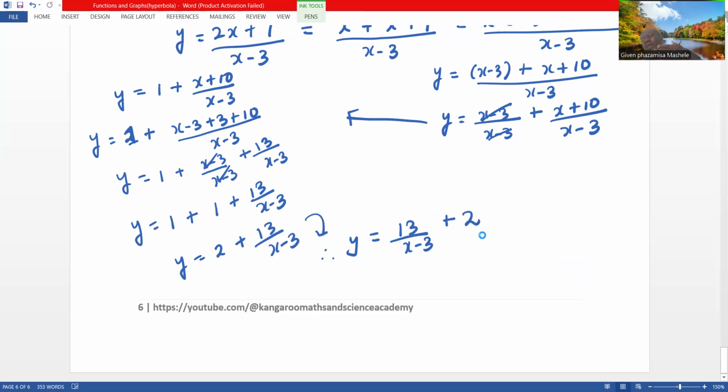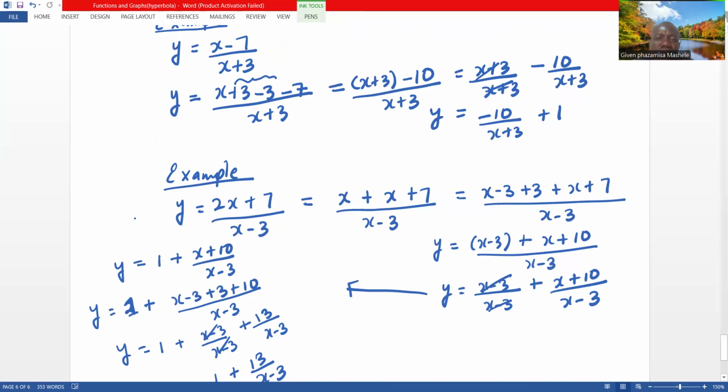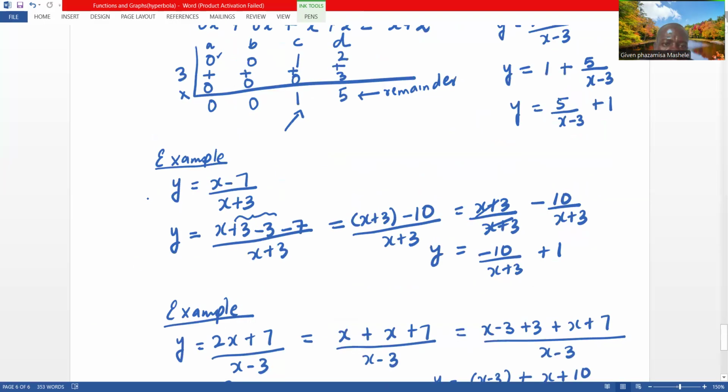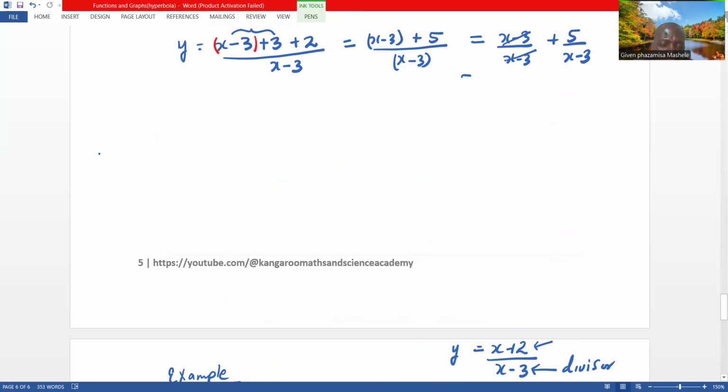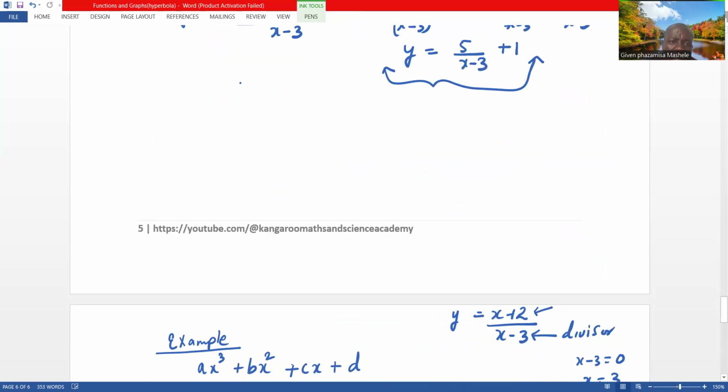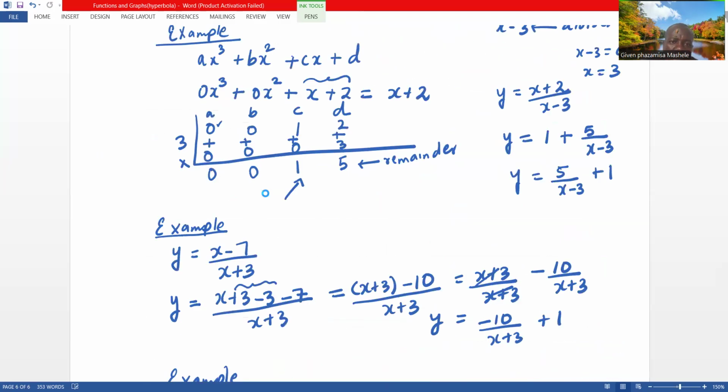So imagine, look what we have done here. If we do not want to do this, let's just call this example one, example two.